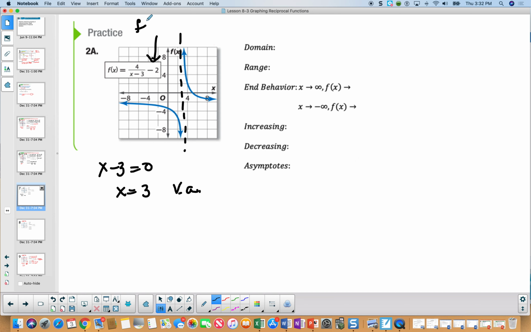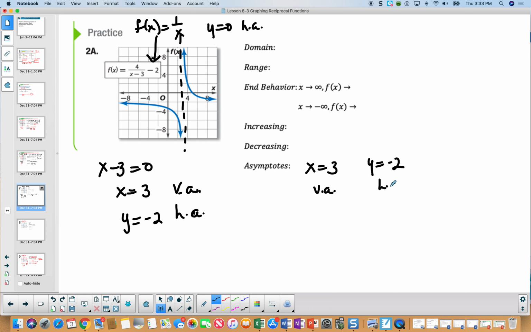Normally for f of x equal to 1 over x, y equal to 0 is the horizontal asymptote. So the horizontal asymptote has been shifted down, so y equal to -2 is now my horizontal asymptote. I'll go ahead and write those in right now. X equal to 3, vertical asymptote, y equal to -2, horizontal asymptote.